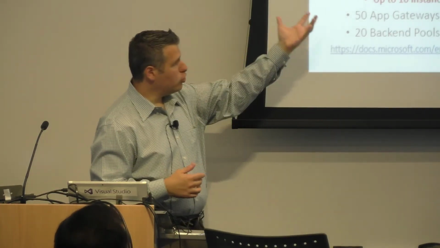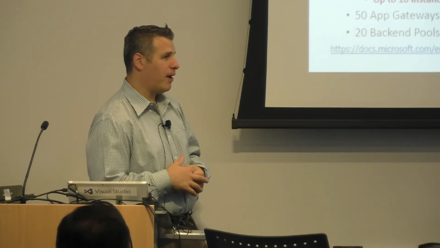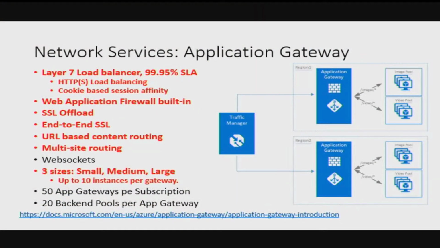And then you can route the content based on the path of the URL, and you can support multiple sites with one App Gateway. So I can have www.a.com, www.b.com. I have up to 20 of those. And then because this is a paid service, it comes in 3 different flavors: small, medium, and large. And then on here you'll see decisions to make on do we need a small one, medium, depending on your traffic and how big your pages are.